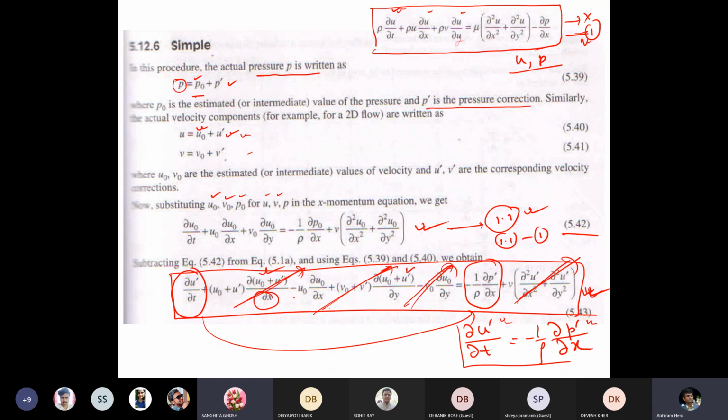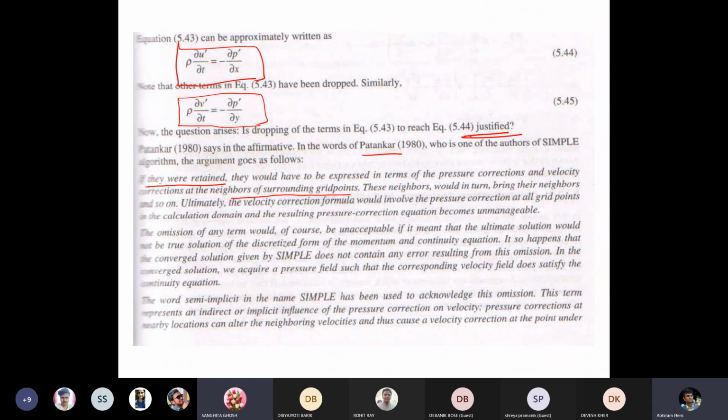When you go to that neighboring point, it again calls another set of neighboring cells, where you also have to do it. Ultimately, the whole domain you need to consider for the pressure correction or this velocity correction, which is a cumbersome job.